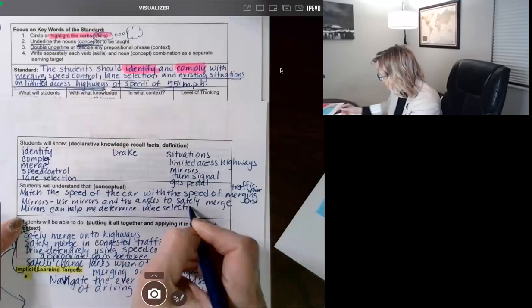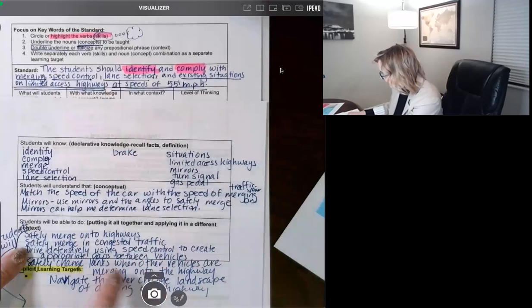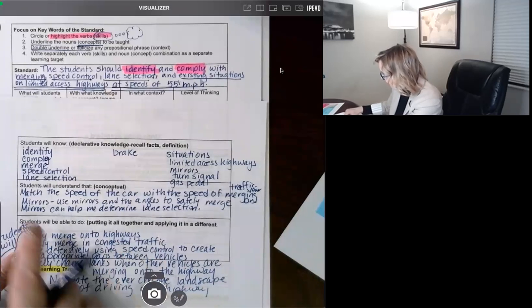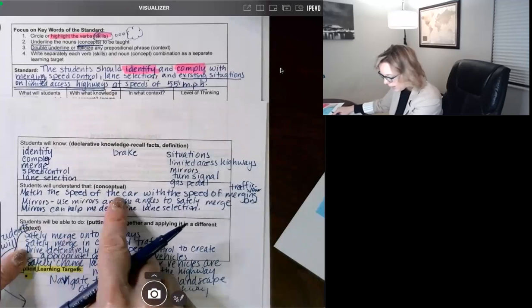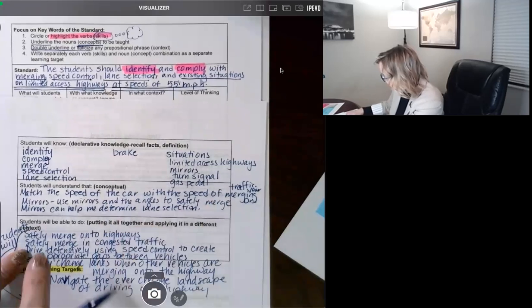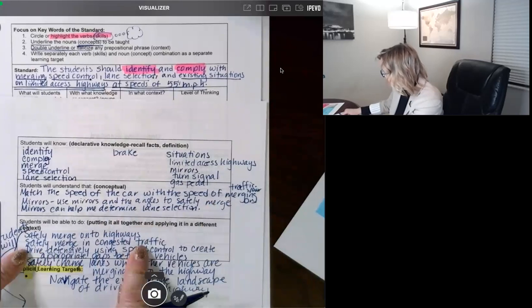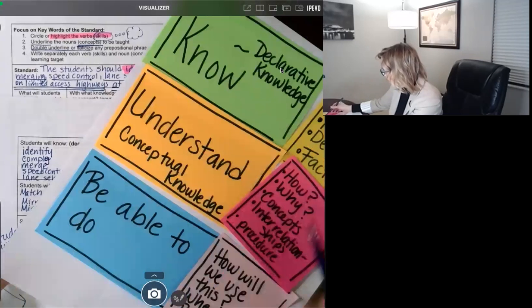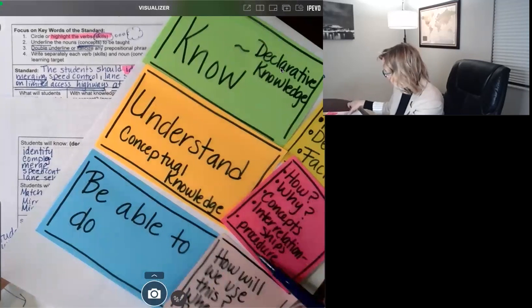Let's look at another one. Students will be able to safely merge in congested traffic. Well, they need to understand their speed, right? They also need to understand how to safely merge into congested areas. They need to understand the procedure for that.